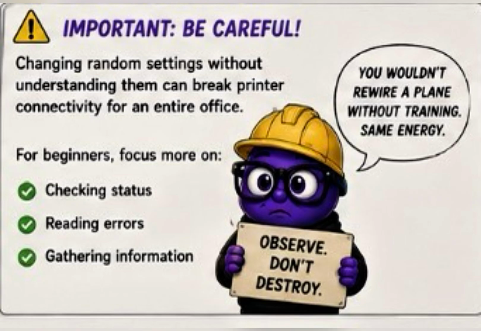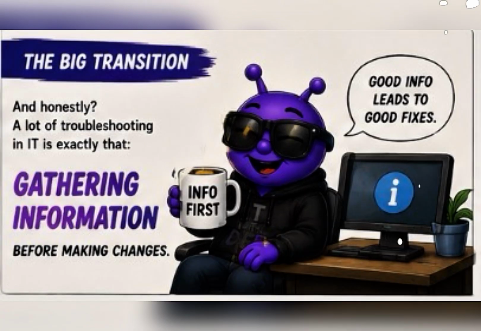Changing random settings without understanding them can break printer connectivity for an entire office. So for beginners, focus more on checking status, reading errors, and gathering information first. And honestly, a lot of troubleshooting in IT is exactly that, gathering information before making changes.